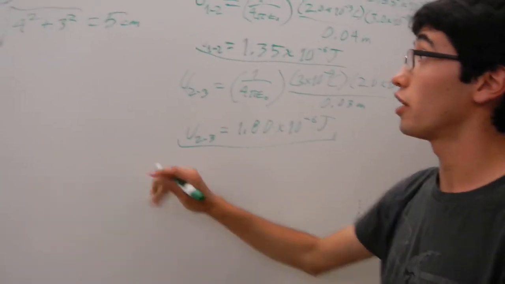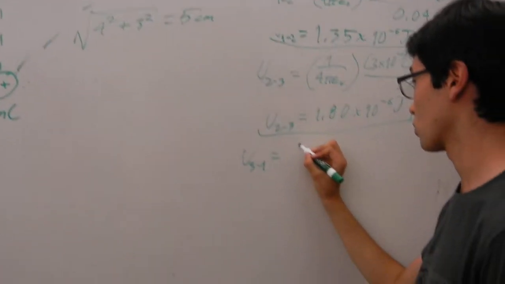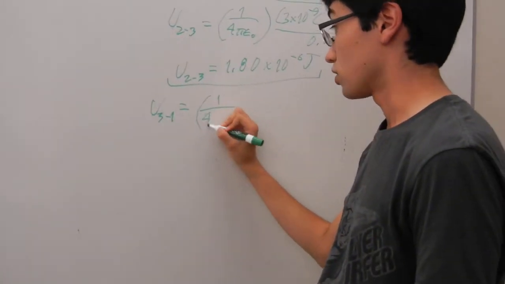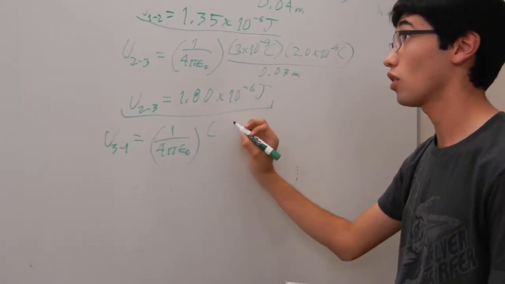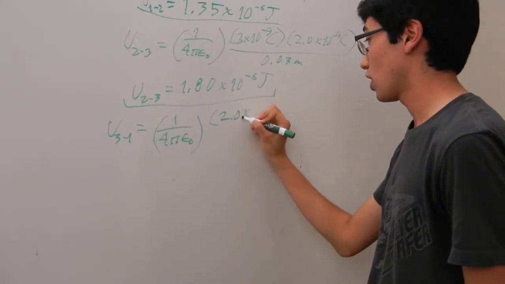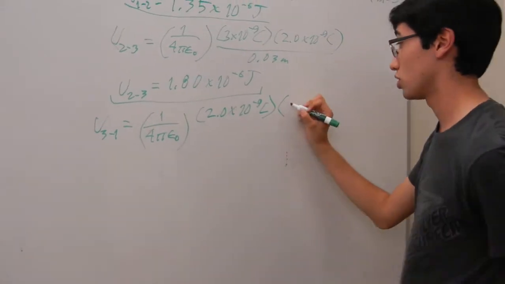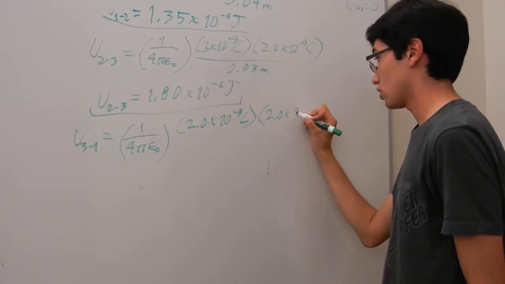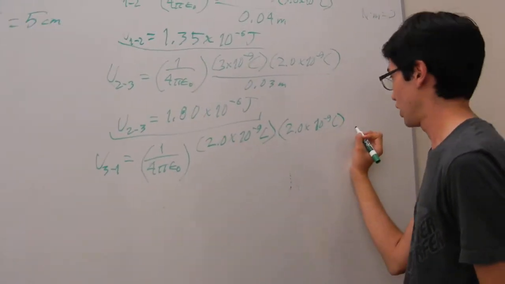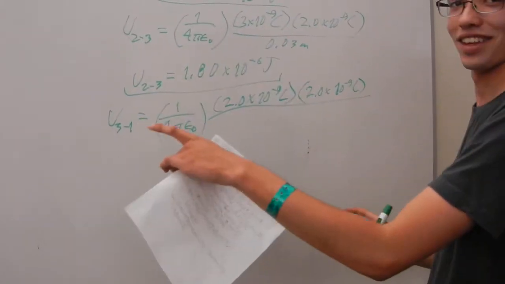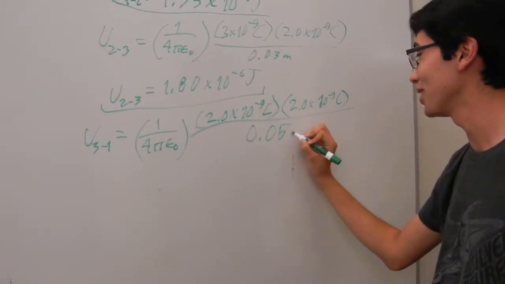So the third part is between 3 and 1. So electric potential between 3 and 1 is equal to K, which is 1 over 4 pi epsilon naught, times the charge of the third, which is 2 times 10 to the negative 9th coulombs, times the charge of the first, which is 2 times 10 to the negative 9th coulombs, all over the distance between the two, which is 0.05 meters.